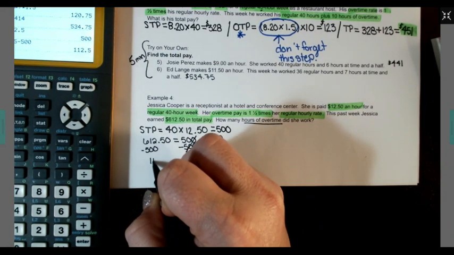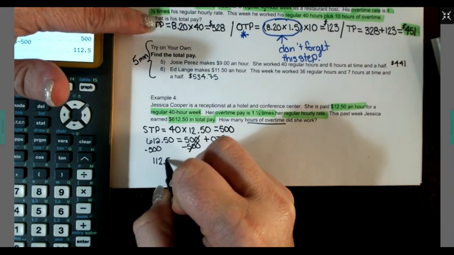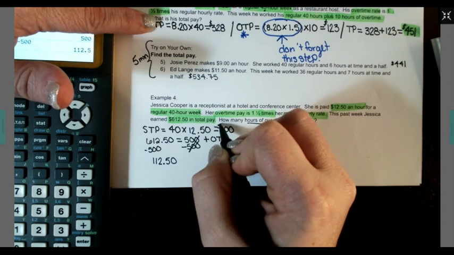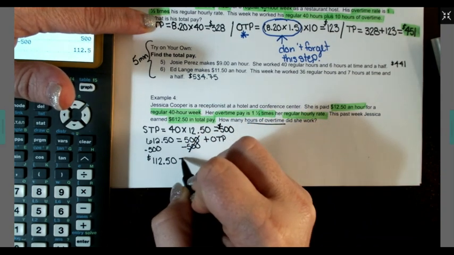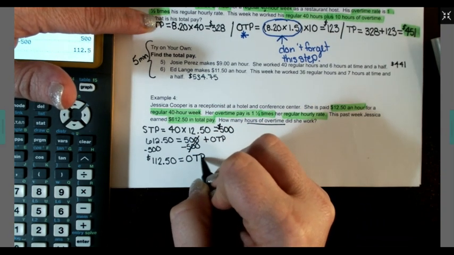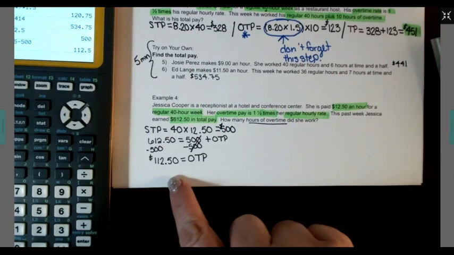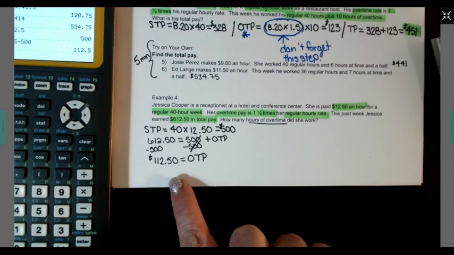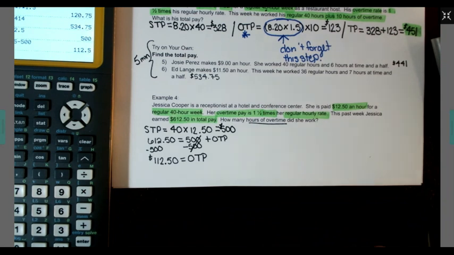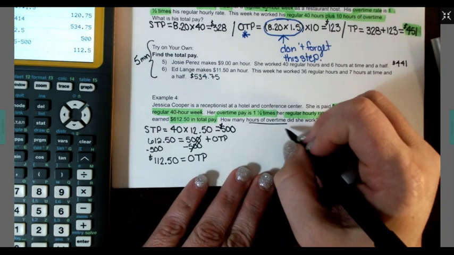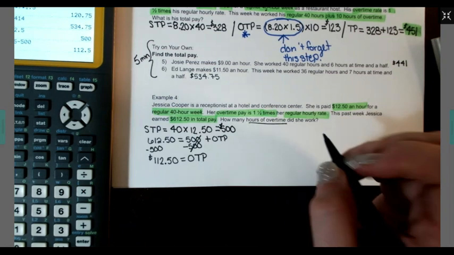We have to earn $112.50 in overtime pay. So in overtime pay, I got to earn $112.50.